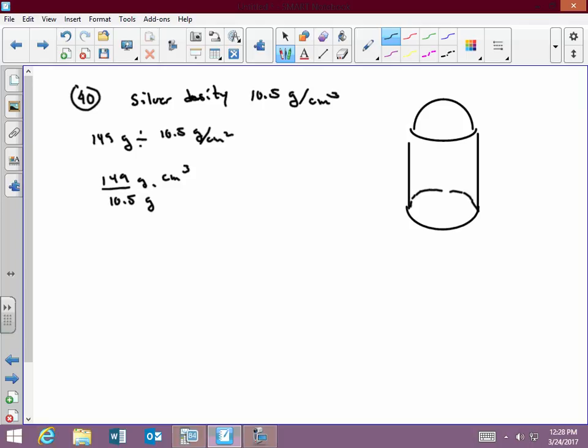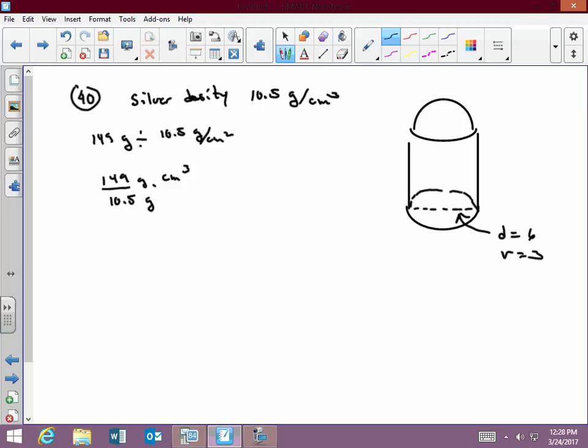Well, the volume that's displaced is this much, right? And they said the diameter of that glass was 6 centimeters. So this is 6, so that means the radius is 3.